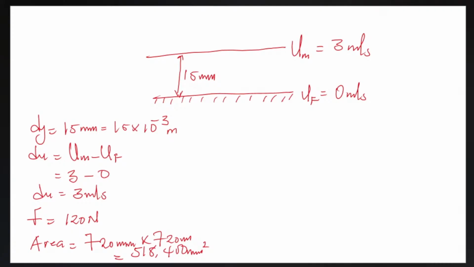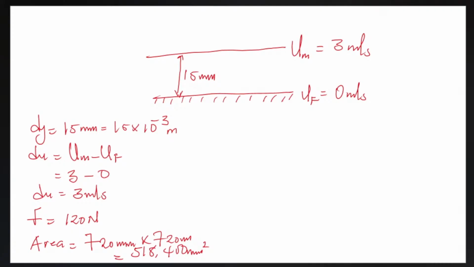Now, since we've succeeded in getting the area, we already know force. But remember, from our elementary physics, when we are considering shear stress, which is tau, it is equal to force over area.